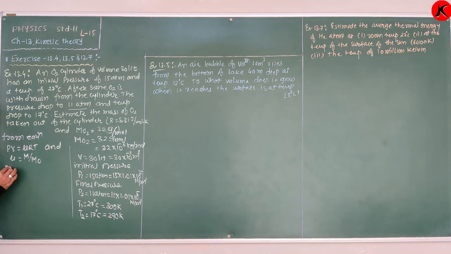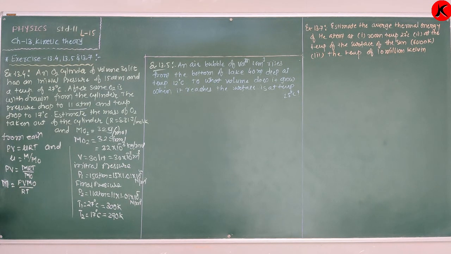Therefore, PV is equal to mRT upon M0. Therefore, m is equal to PV M0 upon RT.